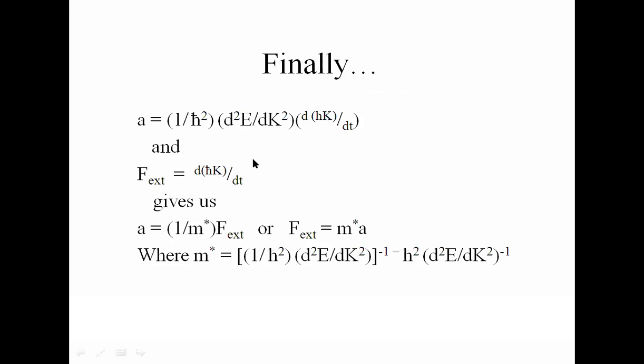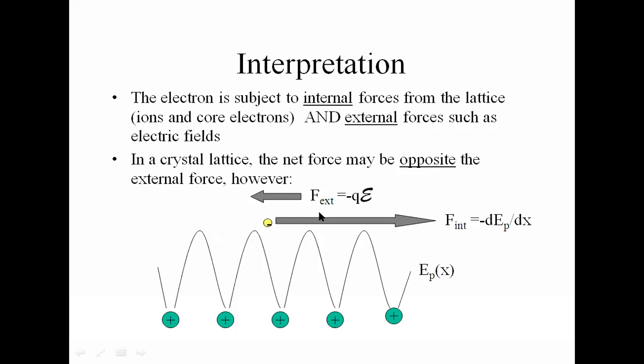Yeah, this is the equation, F is equal to ma, right? So this m is different from that m. So actually we write 1 by m star. You have to remember this normal Newton equation is F is equal to ma, but that mass is different from this effective mass. You should remember that.